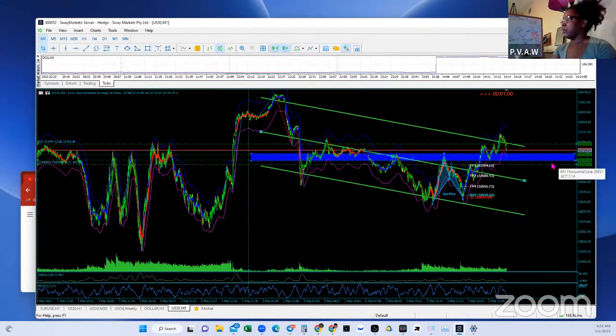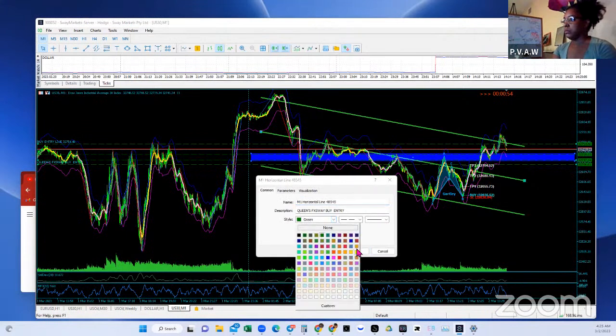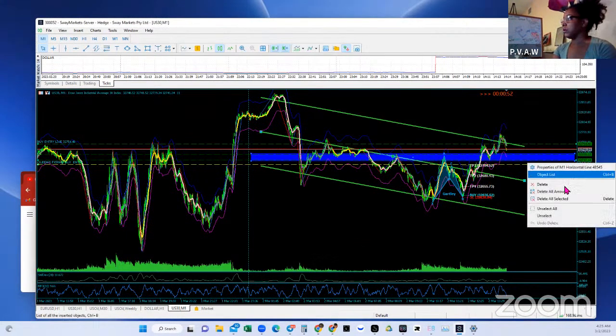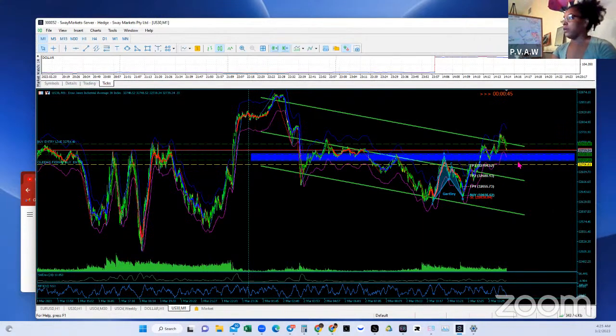Okay, it's just below the demand area. Just keeping an eye on that right now. If it goes back up and retests the 754, this can also create a head and shoulders.